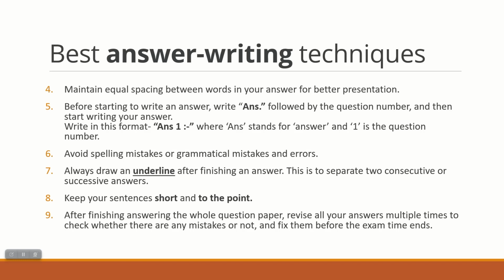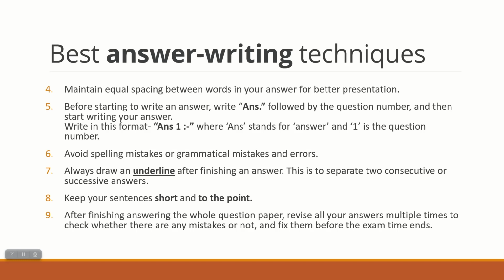So always learn to maintain equal spacing between two consecutive words all throughout your exam paper, and this will leave a better impression. It is considered to be as equally advantageous as point number 3, which was good handwriting. So both of them will work for you when somebody checks your answer sheet.